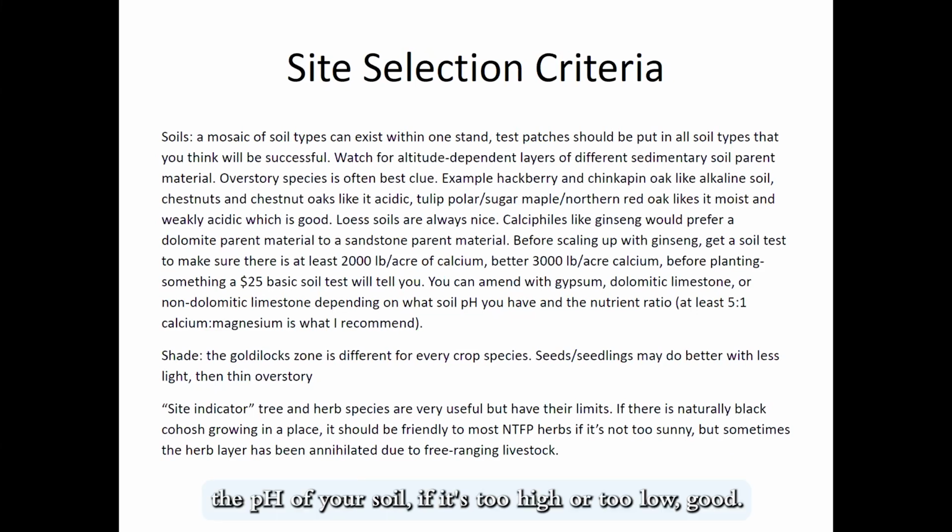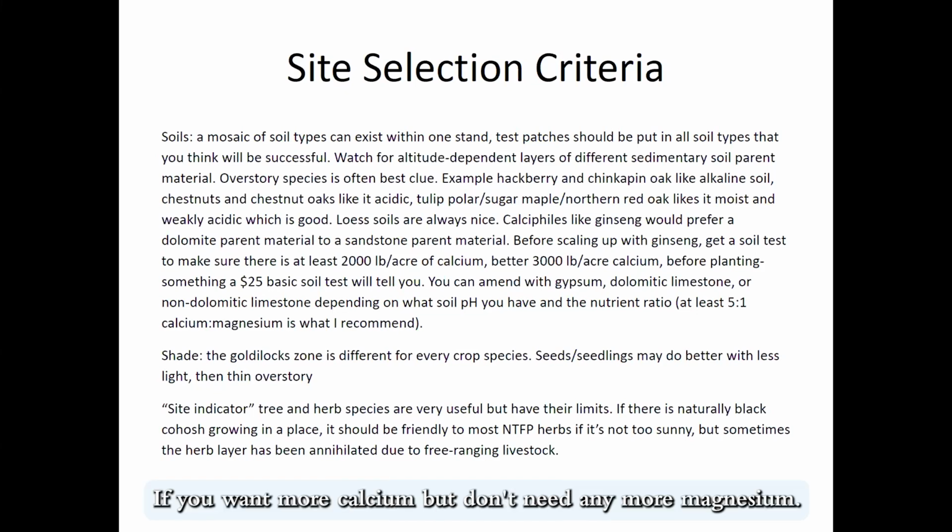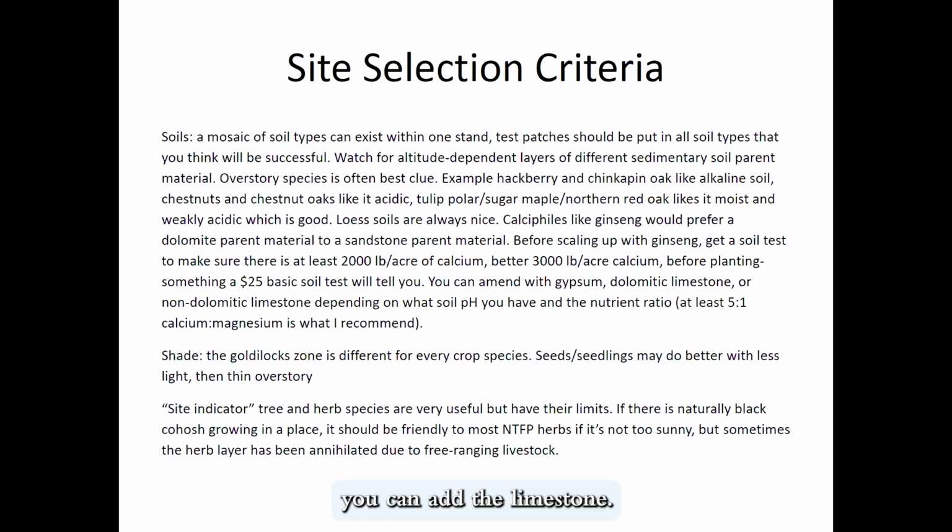So if you're worried about the pH of your soil, if it's too high or too low. You could add gypsum if you don't want to raise the pH. You could add just regular lime if you want more calcium but don't need any more magnesium. You can add dolomitic limestone if you want to raise the magnesium as well as the calcium.